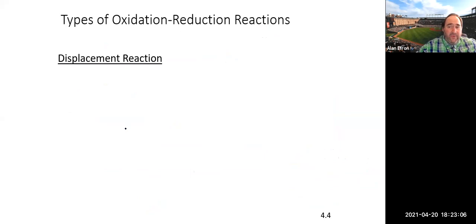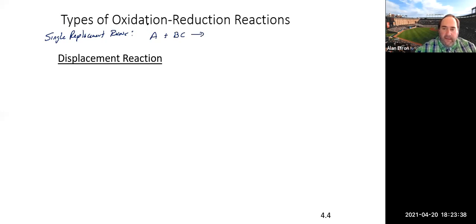Now, another really big category of redox reactions is a single replacement reaction. So we've seen single replacement reactions a couple of ways, but single replacement reactions have the general setup of A plus BC.